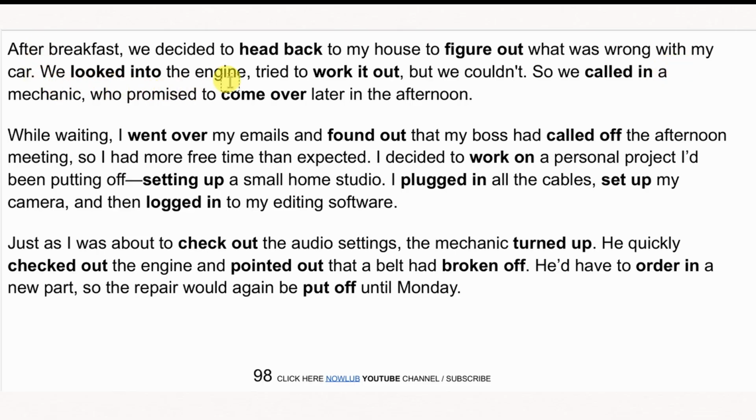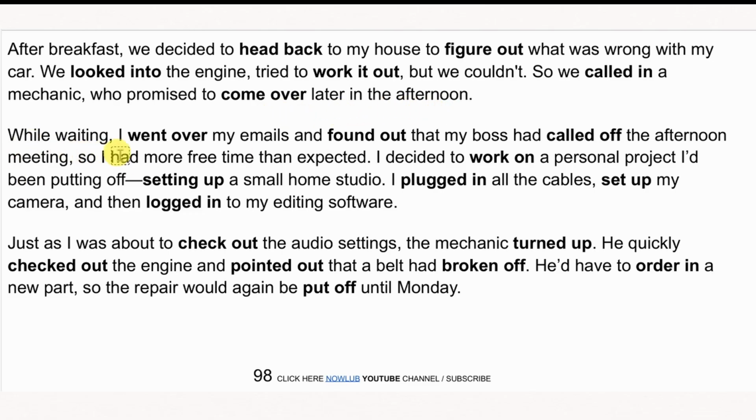We looked into the engine. You remember the meaning of to look into something. Tried to work it out, but we couldn't. So we called in a mechanic who promised to come over later in the afternoon.